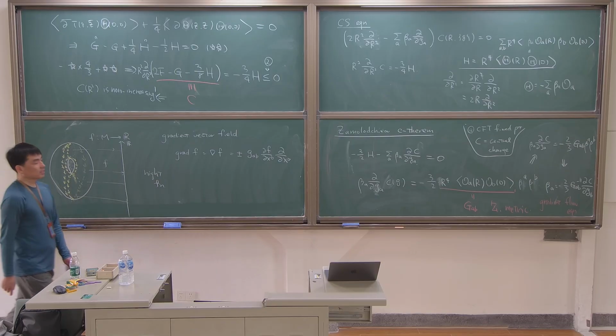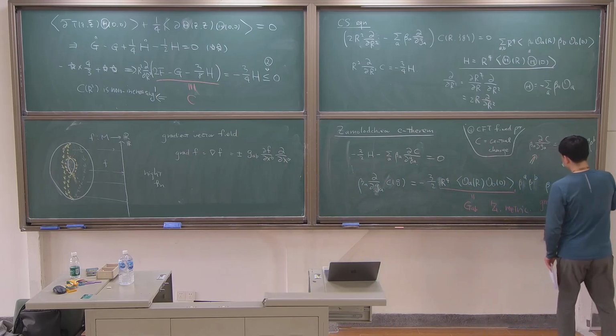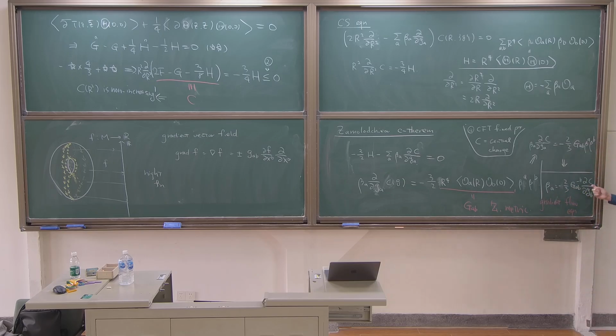Likewise, this equation is also of this form. If you scale c by 2/3, this is exactly the gradient flow equation with g being the inverse of the Zamolodchikov metric.